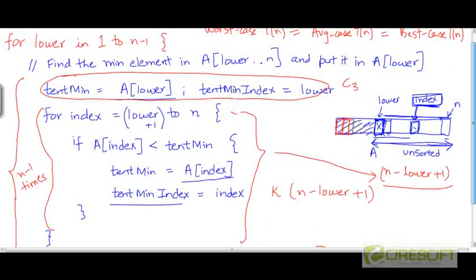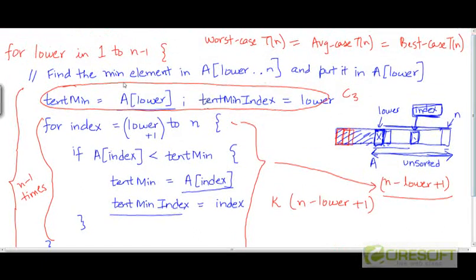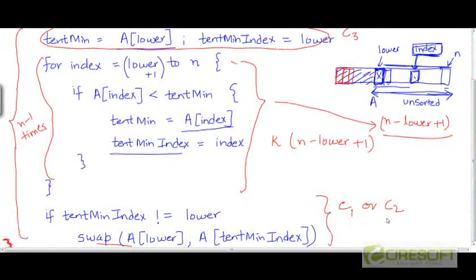So the expression for the running time therefore will be, okay, so I need to add another constant here, C4, because we're going to increment this variable lower from 1 to n minus 1. So the expression for the running time will be C4 plus C3 plus C1 or C2.